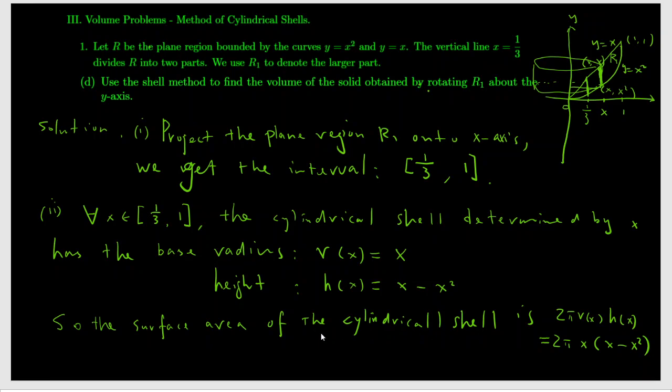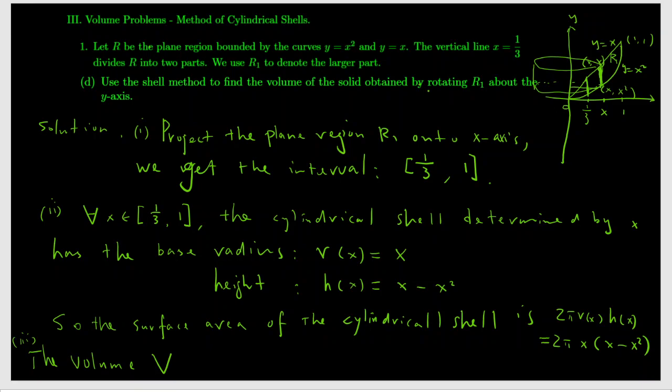We're almost done. After getting the surface area of the cylindrical shell, we're ready to get the volume. Now we're on step 3. On step 3 is actually the volume V. The volume is the volume of the solid.